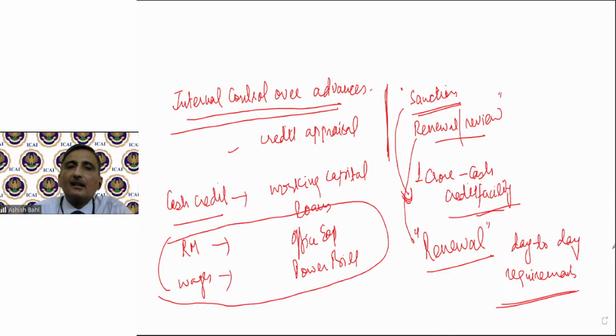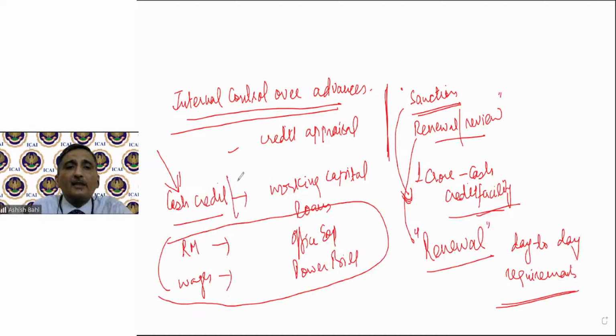So the credit facilities which are granted by a bank to meet the working capital requirements of a borrower are known as cash credit facilities or overdraft facilities.